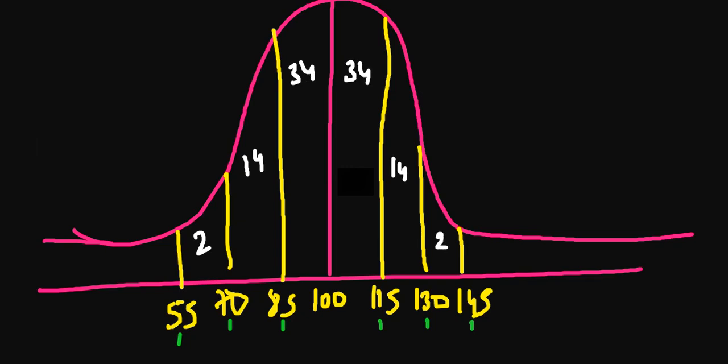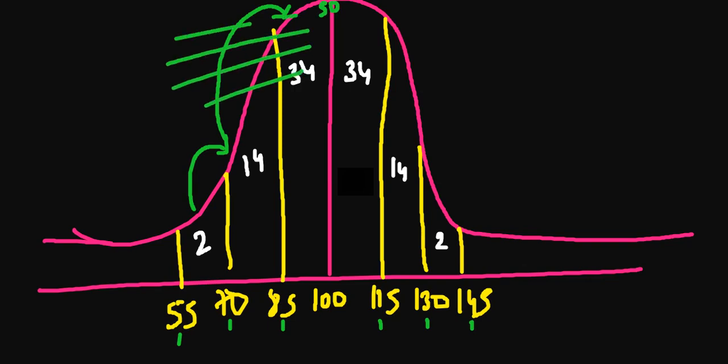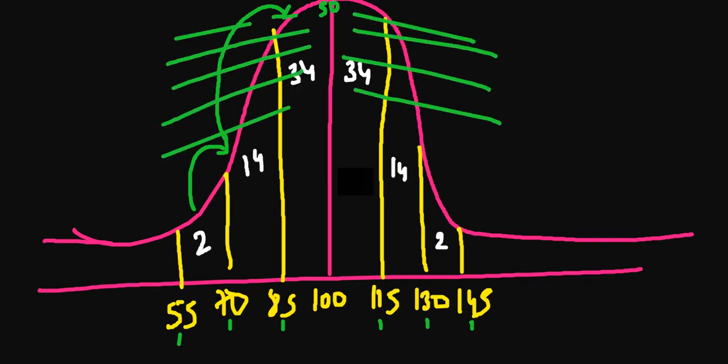How would I calculate the percentile rank? 2 plus 14 gives us 16. 16 plus 34 gives us 50. So 50 is the percentile rank over here at the mean. That's why we say 50% of people are over here and 50% of people over here.